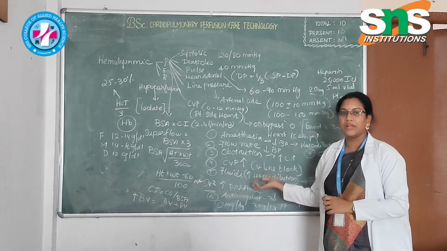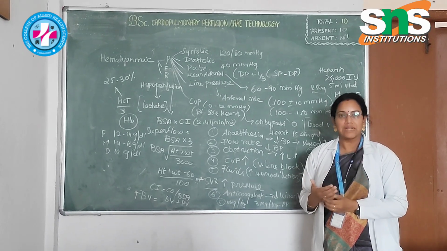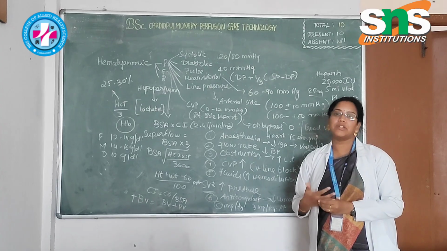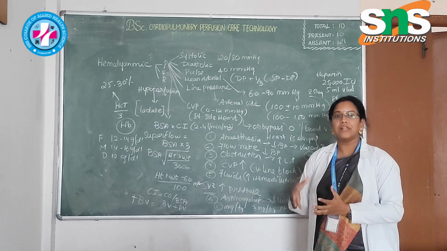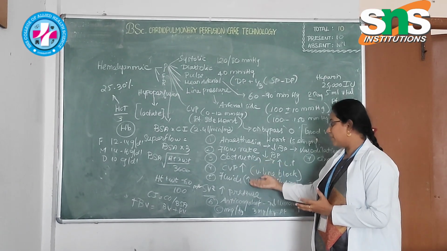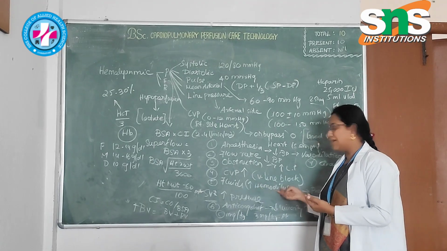So maintaining fluids is based upon the priming volume calculation. For an adult we calculate patient weight into 20 ml and for a pediatric patient weight into 30 ml. If you are calculating that way, you can give an appropriate amount of needed priming solutions. But if you give more priming solution to the patient, that can cause hemodilution.